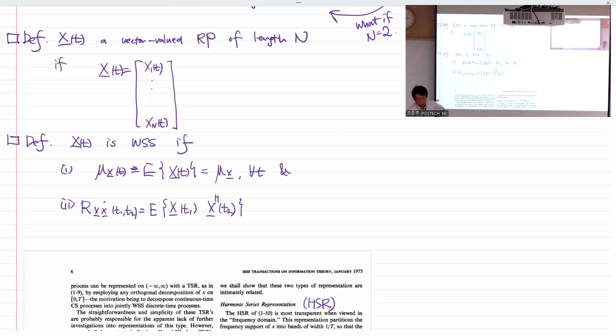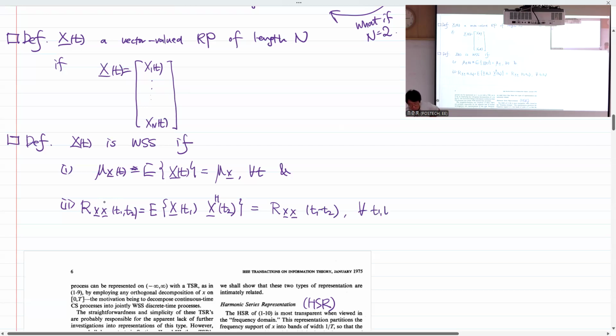And here, if there exists a single variable matrix valued function that is a function of the time difference. Got it? So this is the wide-sense stationarity over a vector valued random process.